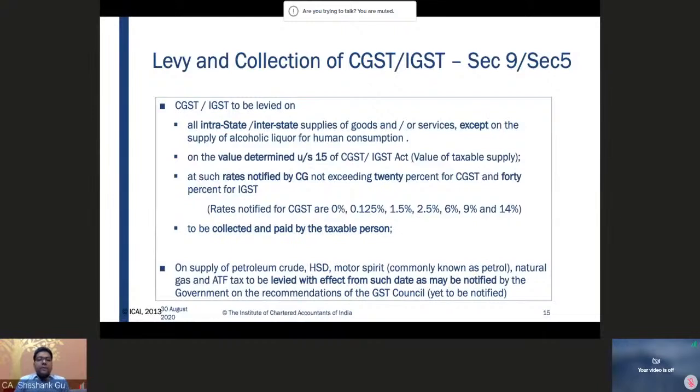These are five different kinds of petroleum items, and presently they are outside the purview of GST, but there is a discussion that they should also be brought within the net of GST, and so the GST Council will decide since when they will come under the gamut of GST, and once the GST Council decides on that, thereafter these will stand covered under the levy of GST.